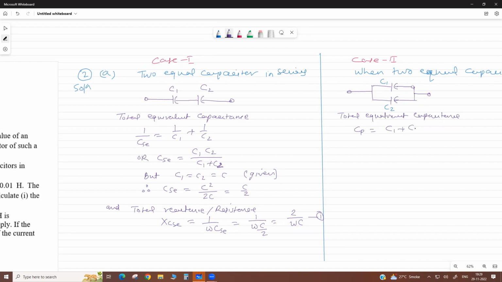It is just opposite to resistance. Then CP equals 2C, because C1 equals C2, given, equals C.